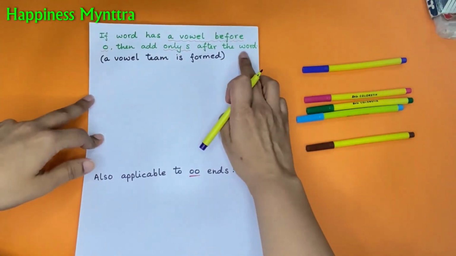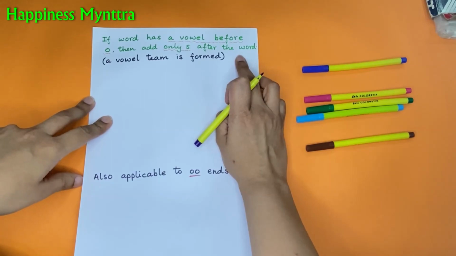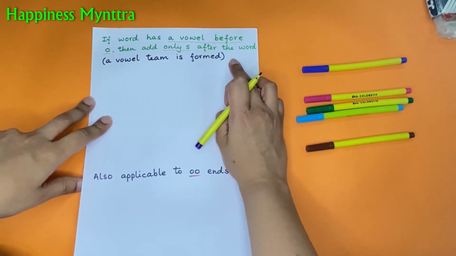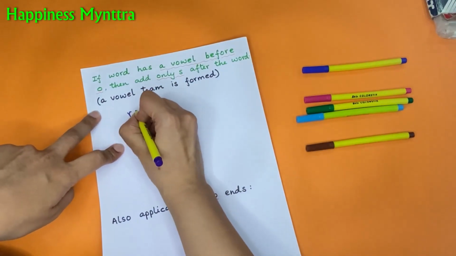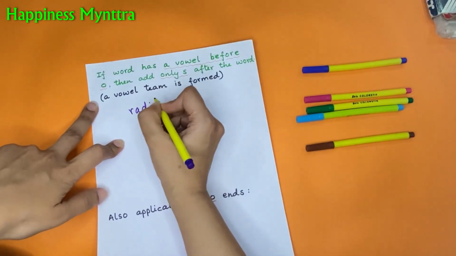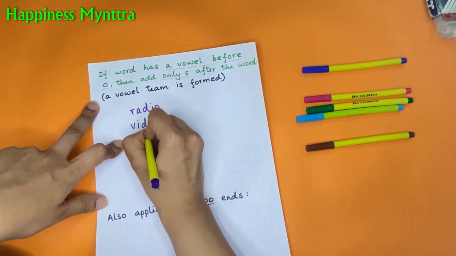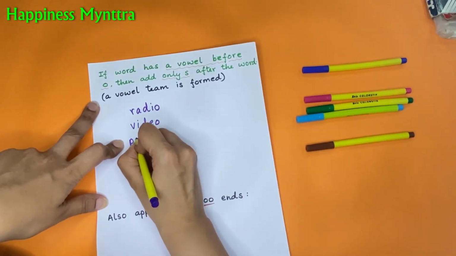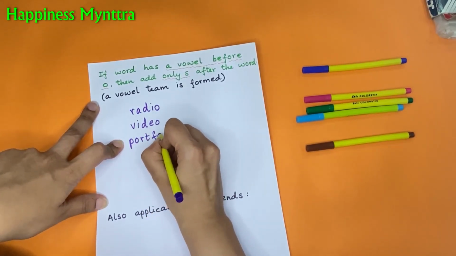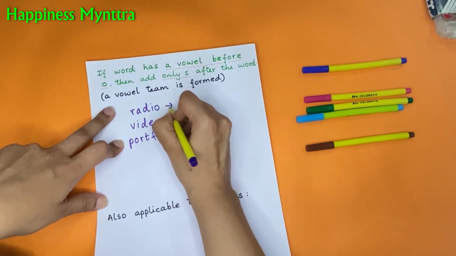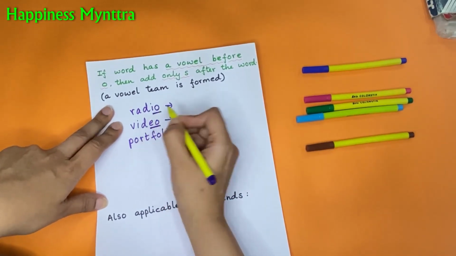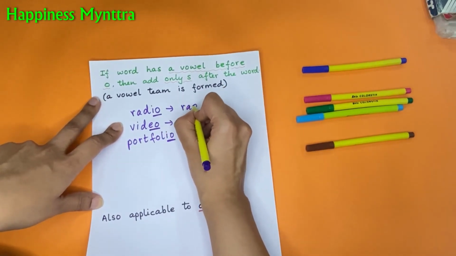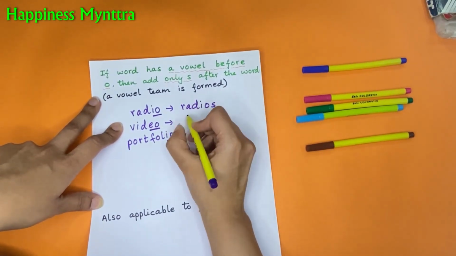Now if a word has a vowel before O, then add only s after the word, which means if a vowel team is formed. For example, radio or video, portfolio, a bigger word. So in this, since we have vowel teams in the end, we will add only s.